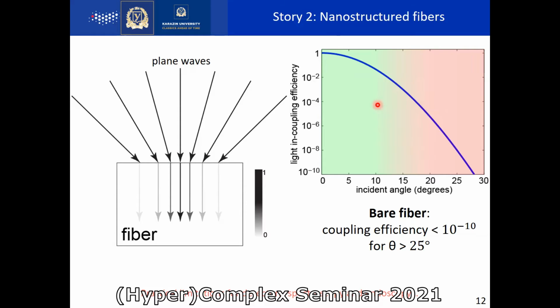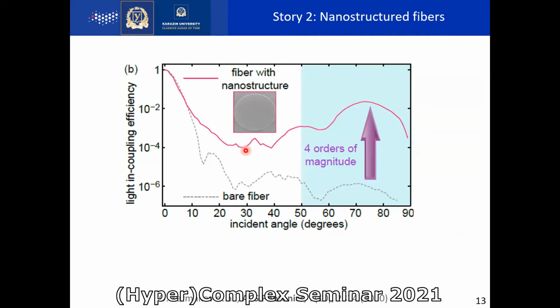Of course, it significantly limits practical applications in spectroscopy and some medical applications like endoscopy, because it is impossible to collect the light into the fiber under a large angle of incidence, more than 15 degrees, let me say.